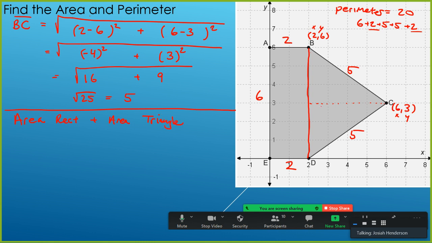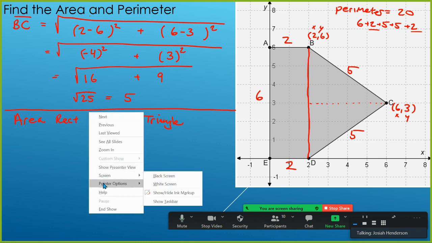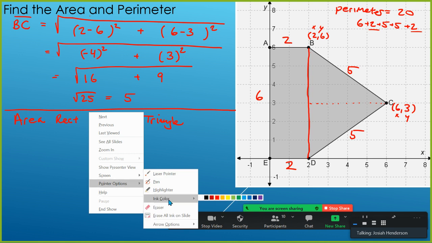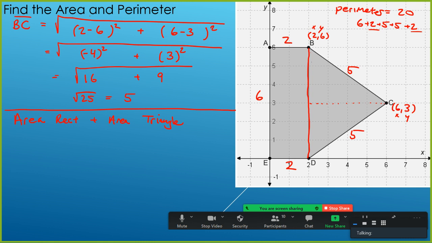Now, the triangle, you're going to have to rotate that in your mind and make one of the sides of it the base. Always use the verticals and the horizontals to your advantage. So when I look at this triangle, a good base for it would be side BD. Why?